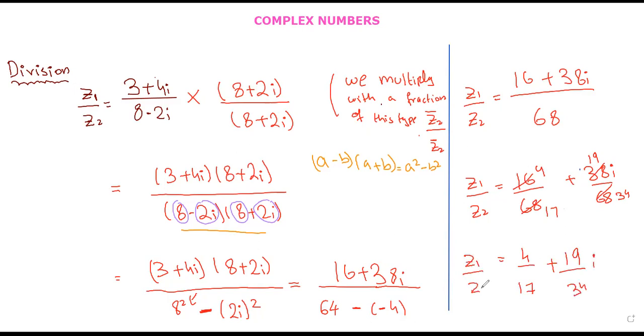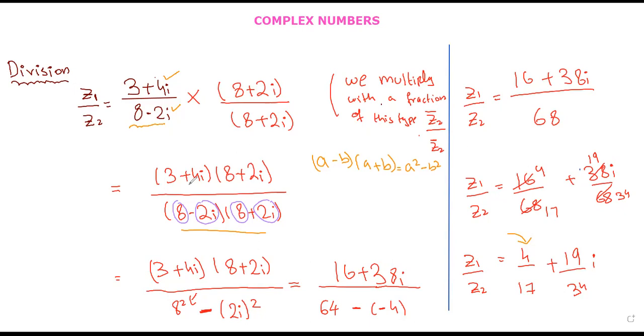That is z1 by z2. Now when we started, we had a complex number in the numerator and a complex number in the denominator, and in the answer we only have one complex number, right? So remember, whenever you are dividing two complex numbers, or in short, whenever you have a complex number in the denominator, you need to use the rationalization method.